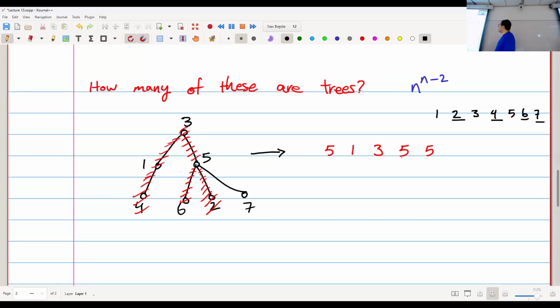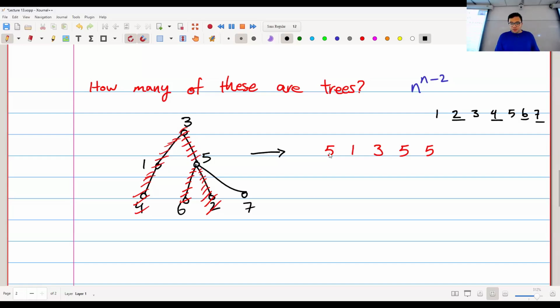So just by looking at this sequence, I know that whatever tree is being explained here, 2, 4, 6, and 7 are going to be its leaves, just exactly what we had there. So I've at least found out which vertices are the leaves.